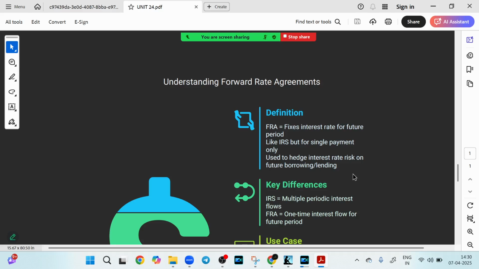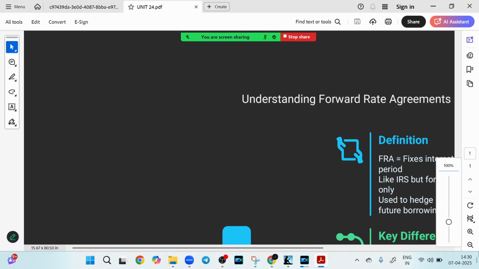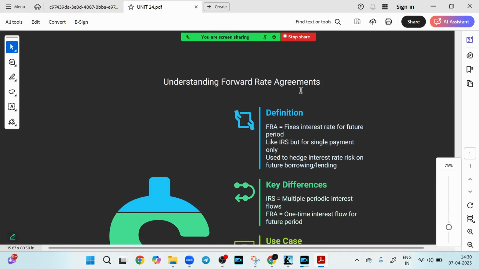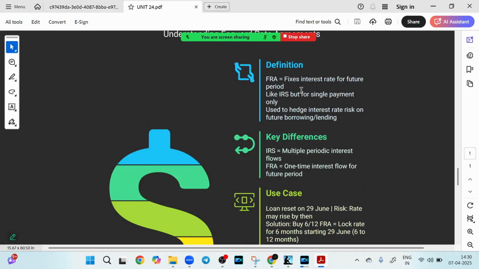The twist is that it is just one single payment, not a series.